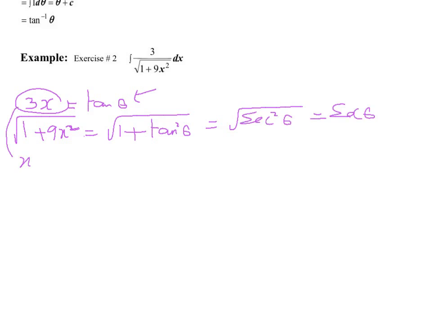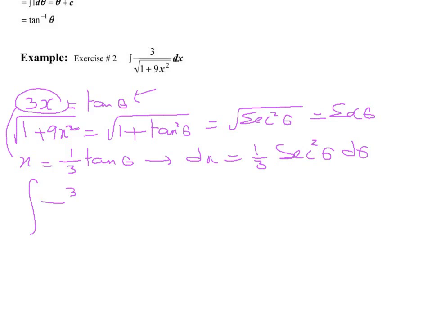And x is equal to a third tan theta, so dx is equal to a third secant square theta d theta. Now we can say the integration is 3 divided by the root, which is this secant theta, times dx, which is a third secant square theta d theta.